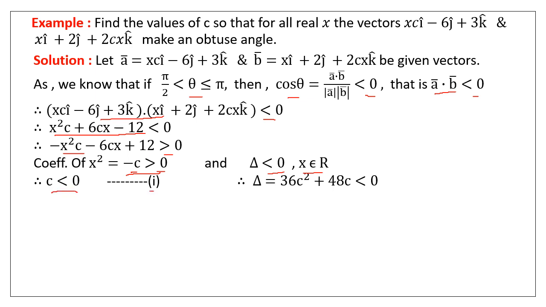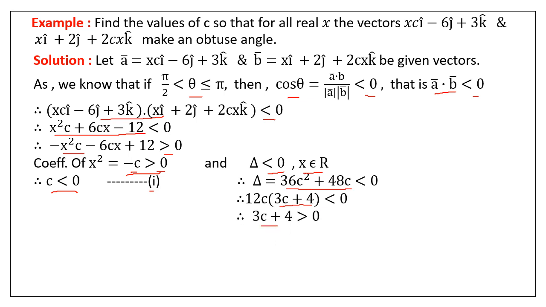Call it 1. Now find delta equals b square minus 4ac. So we have 36c square plus 48c less than 0. From this we take 12c common: 12c into bracket 3c plus 4 less than 0. As we know, c is less than 0.